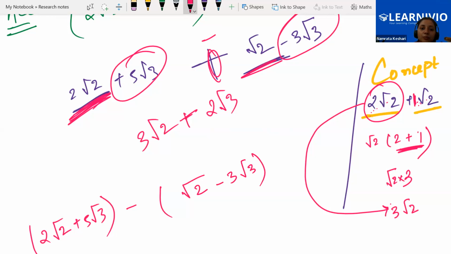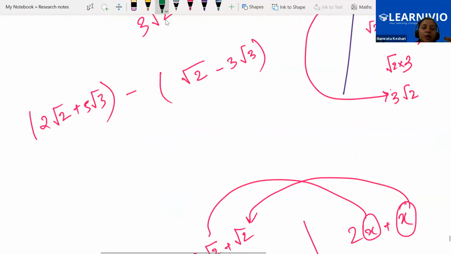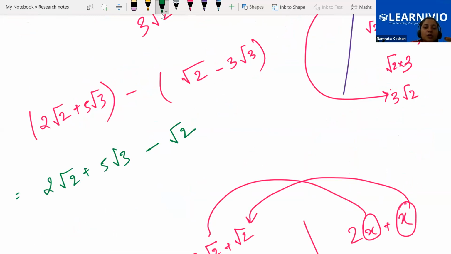Okay. Now from here we will start with the green color marker and see it carefully. 2 √2 plus 5 √3 minus √2. Can you tell me, will it be plus 3 √3 or minus 3 √3? Minus. Basically, when there is a minus sign outside, we are thinking that we have to multiply -1 with √2. It became minus √2.